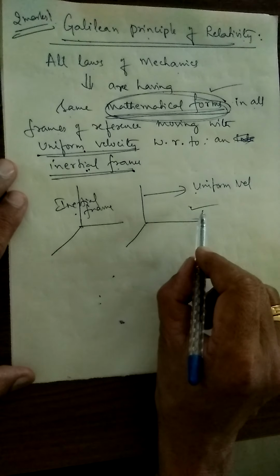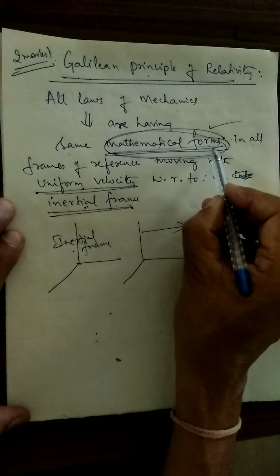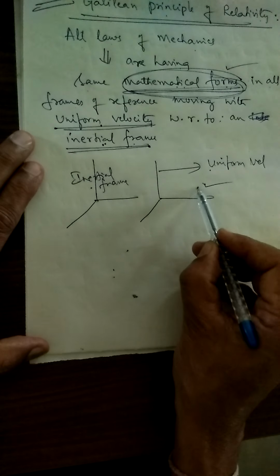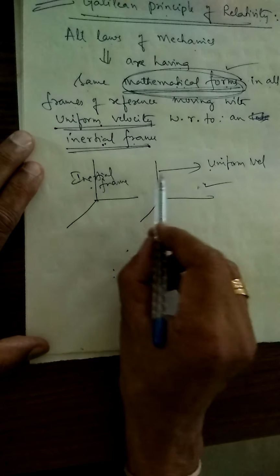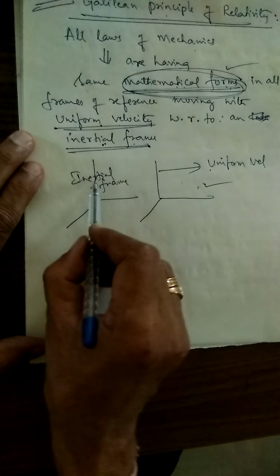The mathematical formula is not going to change in this particular frame of reference, because a frame of reference moving with a uniform velocity is also an inertial frame.